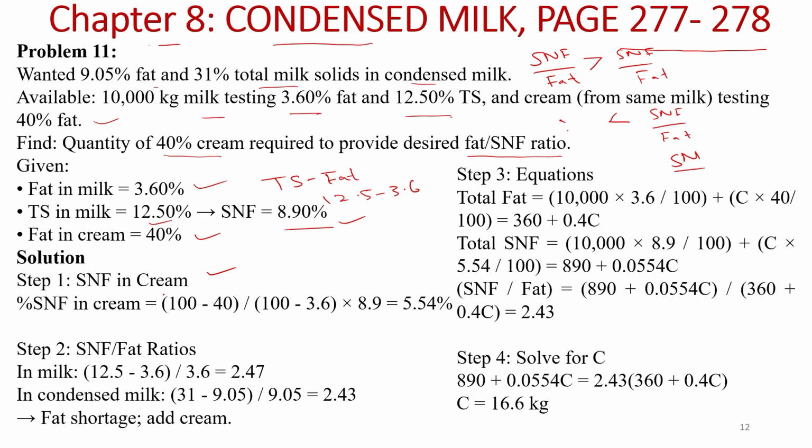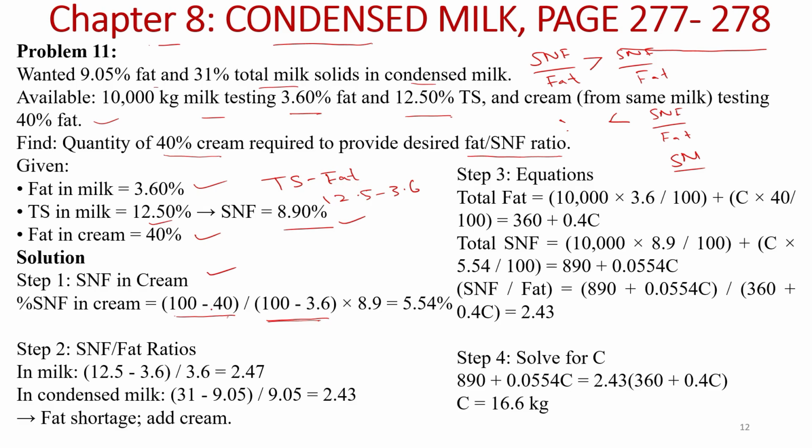Now this SNF of cream can be calculated from the serum portion. So the serum portion in cream is how much? 100 minus 40. This is in cream, and the serum portion, or we say the skim milk part in milk, if you remove the fat percentage from milk, is 100 minus 3.6.